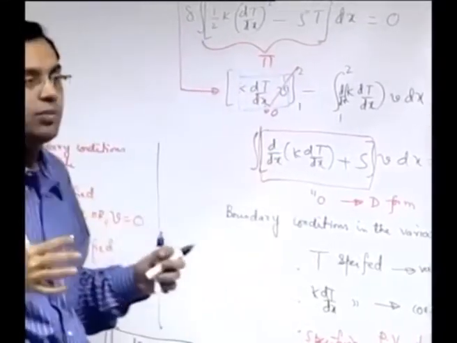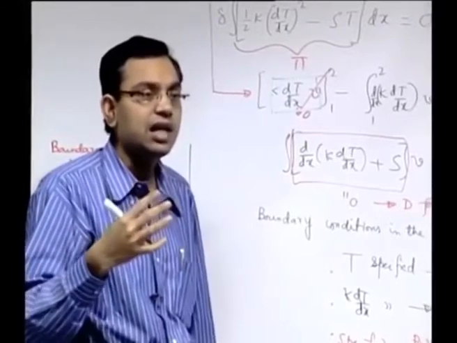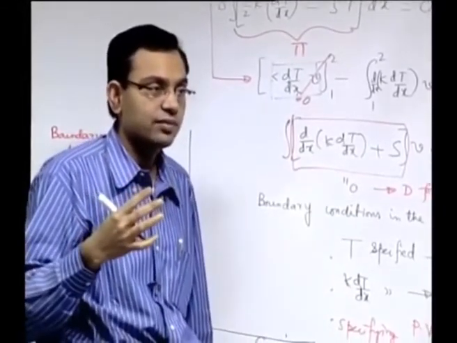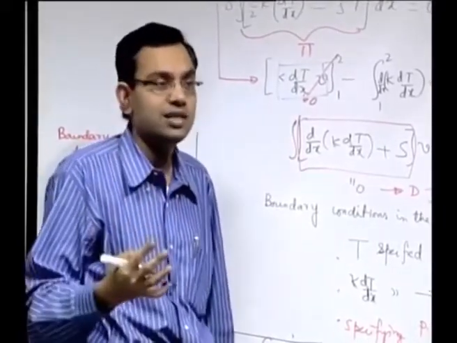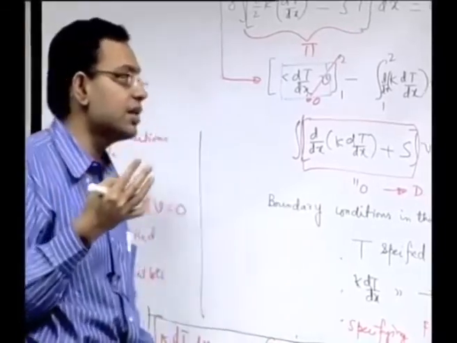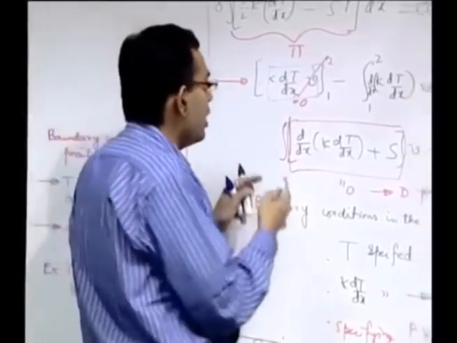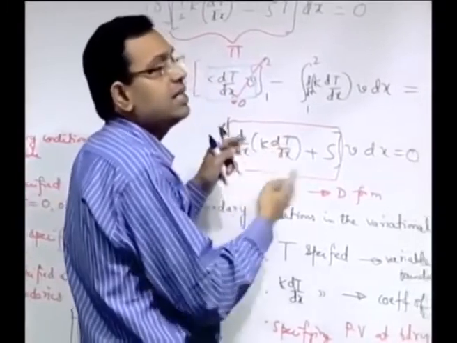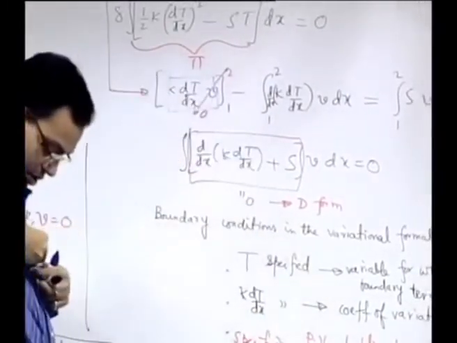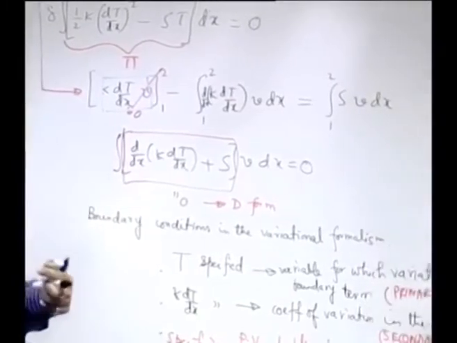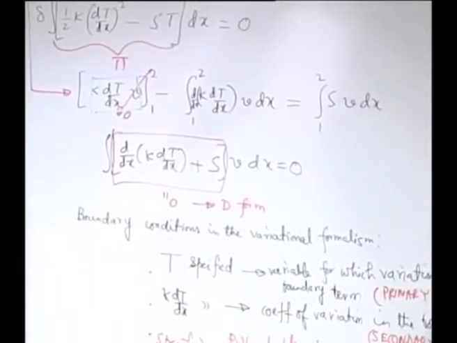You can recall from the physical understanding that k dt dx is minus of the heat flux. So, specifying the heat flux, you are not having to specify it by any separate mechanism.